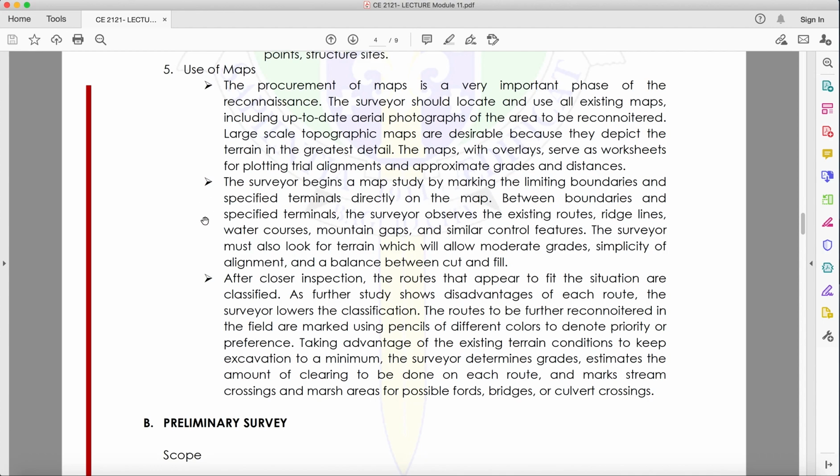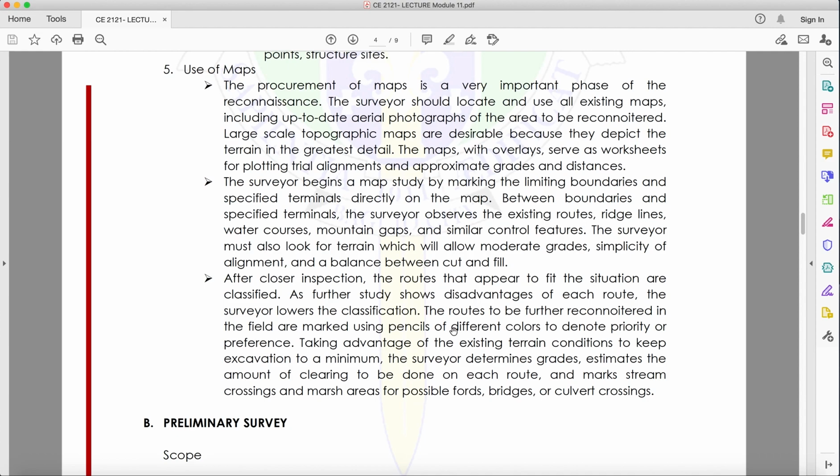So between boundaries and specified terminals, the surveyor observes the existing routes, ridge lines, water courses, mountain gaps, and similar control features. The surveyor must look for terrain which will also allow moderate grades, simplicity of alignment, and balance between cut and fill.